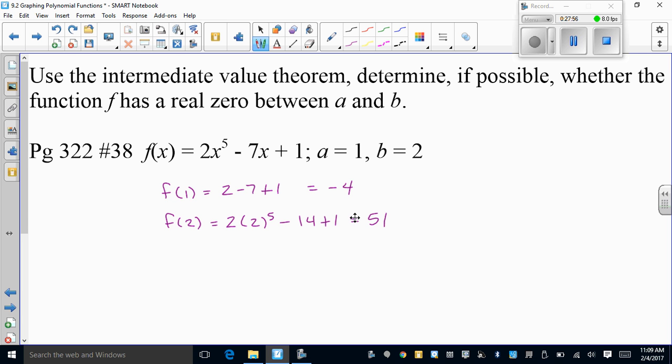Since it went from negative to positive, there is a 0 in the interval of 1 to 2. Now, we can't claim how many zeros there are. We just can claim there is a 0.